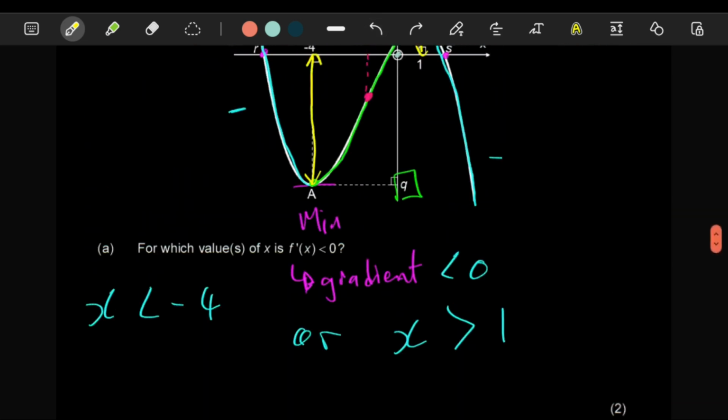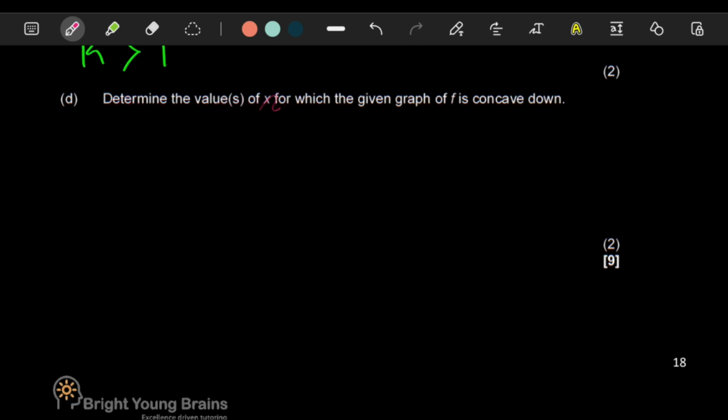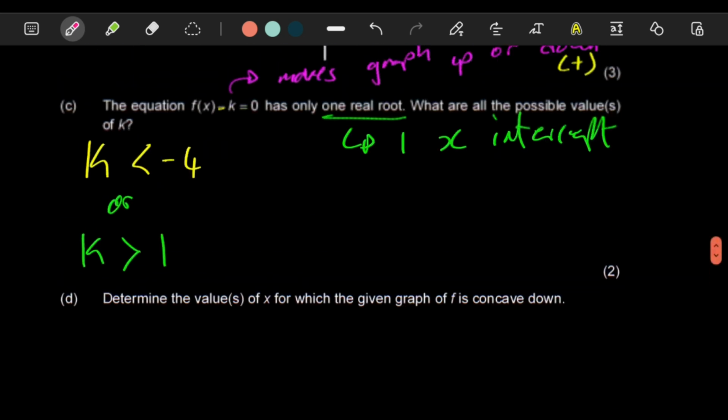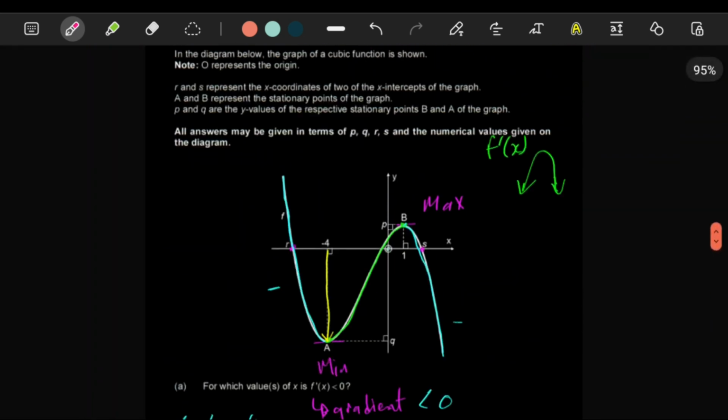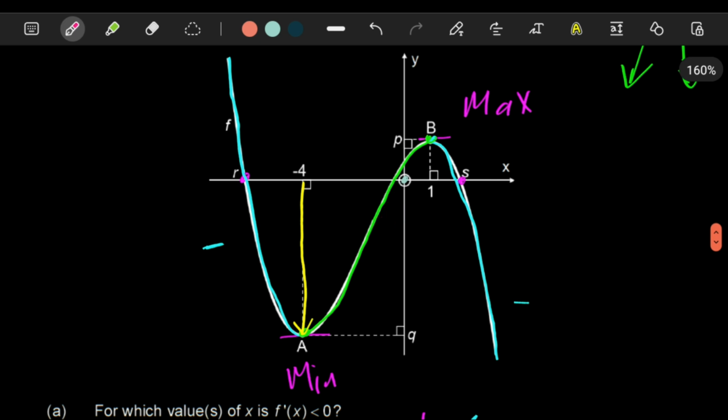Let us move on. Determine the values of x for which the given graph of f is concave down. So in terms of concavity, you always deal with the point of inflection. The point of inflection is the point that is exactly in the middle of your two turning points.